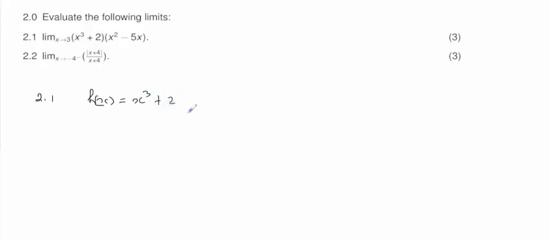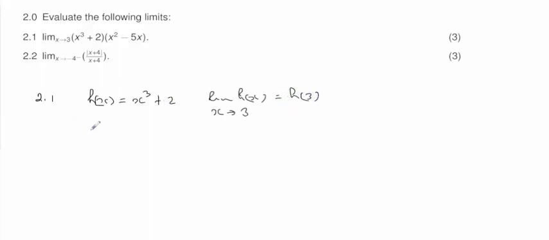This is a polynomial and is defined everywhere, which means the value 3, where x is tending to, is in the domain of this function. And then it will satisfy exactly what we said before. In this case, the limit of h as x tends to 3 will be equal to h at 3.